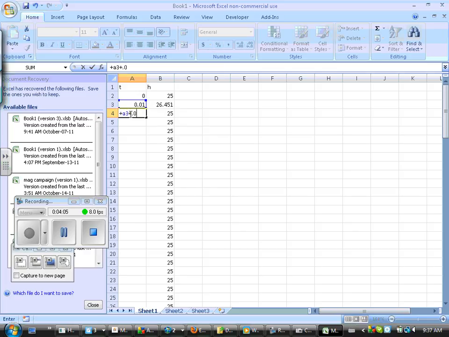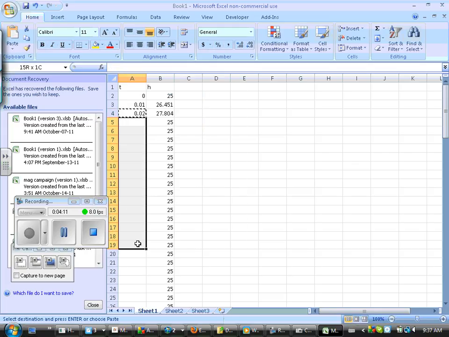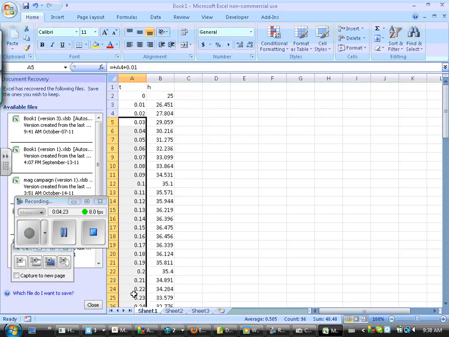I just have to copy what's in A3 and paste it in the remaining cells. And then I'm just going to have a whole bunch of x values. This is going to take me quite a ways, it looks like.